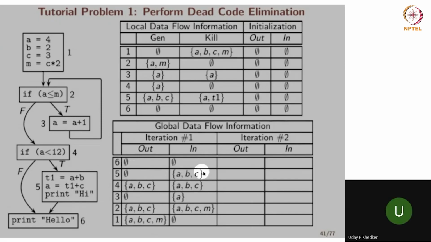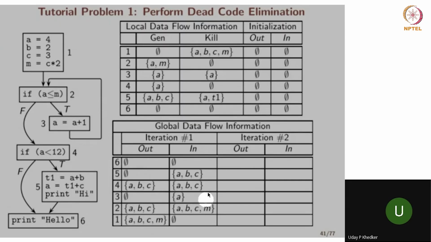So because we get ABC here in the in, we get ABC here in the out of the predecessor. The interesting thing is block 3. Block 3 is still an empty set because we visited 3 after 4, and then we want to visit 2.